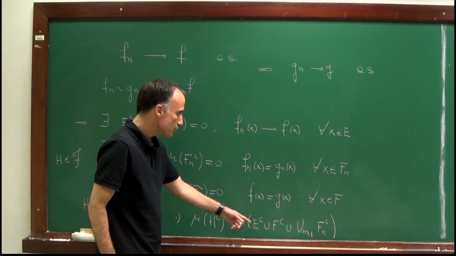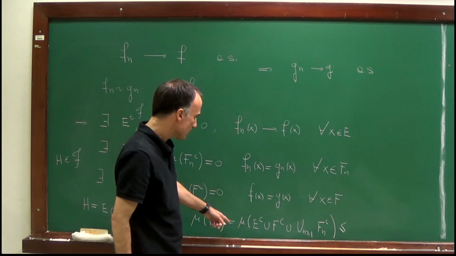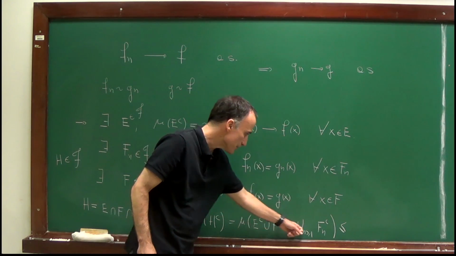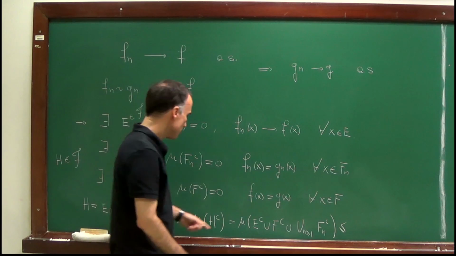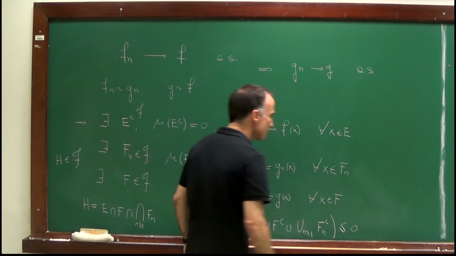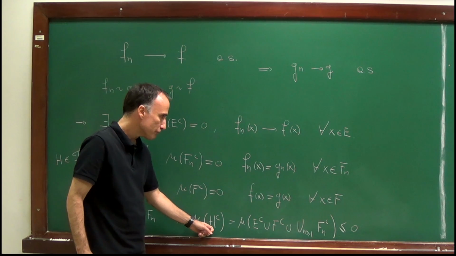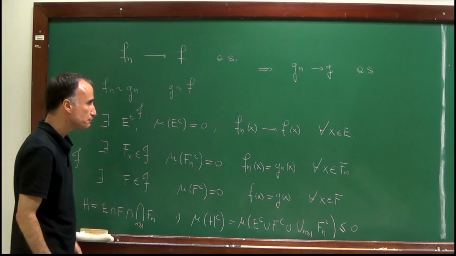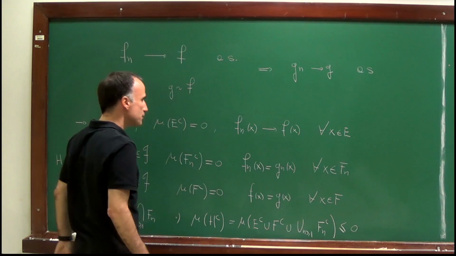And the measure of this union is less or equal than the sum of the measures of each of these sets, and the measure of each of these sets is 0, so this measure is less than or equal to 0, which means that the measure of the complement of H is equal to 0. On the other hand, let's complete the proof in this space.